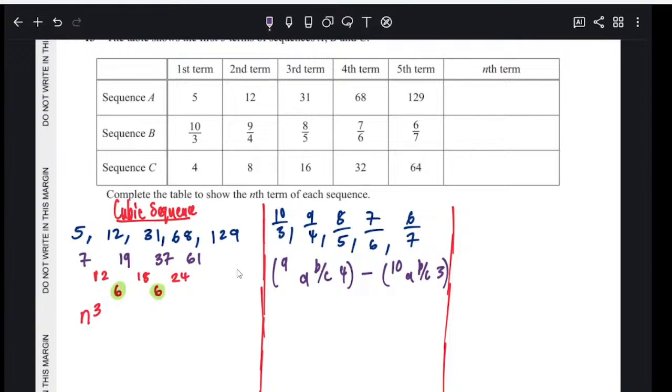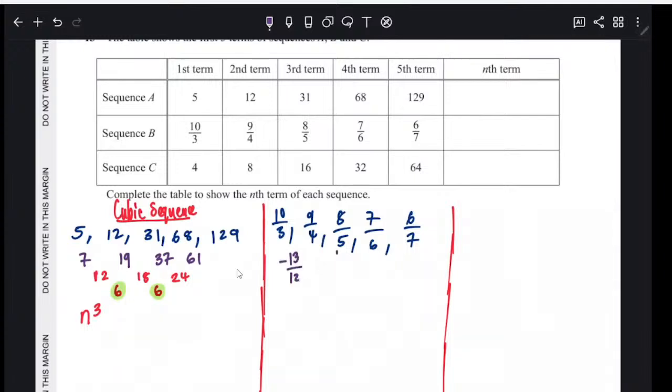If you want it as a fraction, press second F, then A, B over C. Do you get it as a fraction now? Okay. Negative 13 over 12.